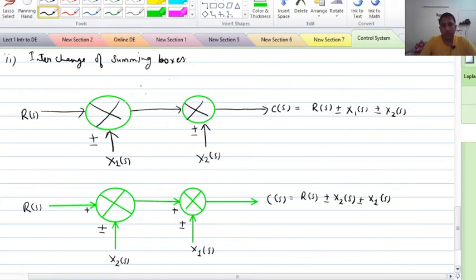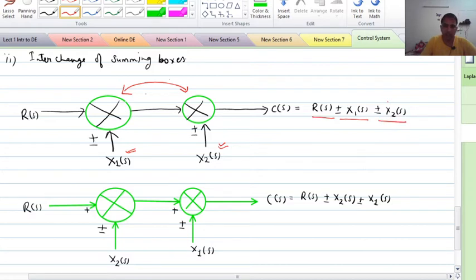Now the second point is that we want to interchange these two summing boxes. There are two inputs, X1 and X2, combined with these two summing boxes, and the output will be Rs plus or minus X1s plus or minus X2s.